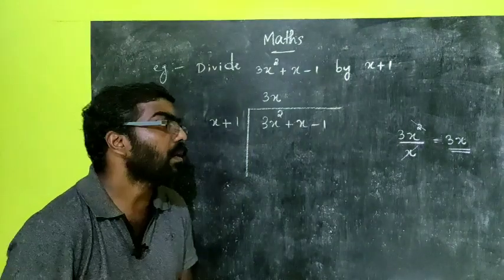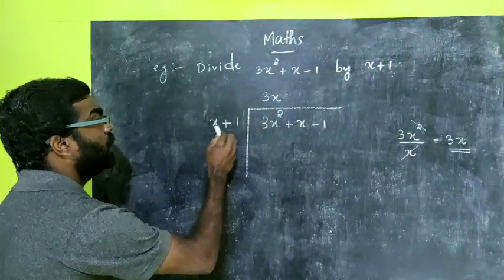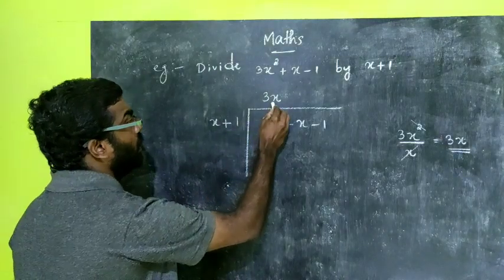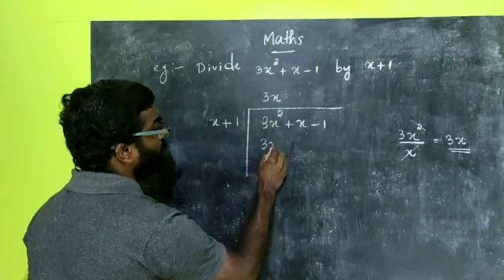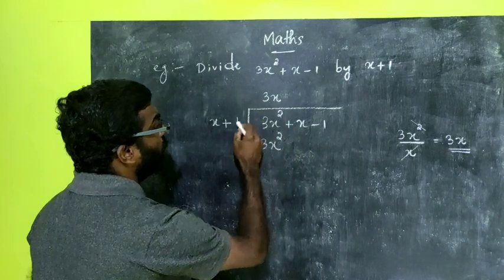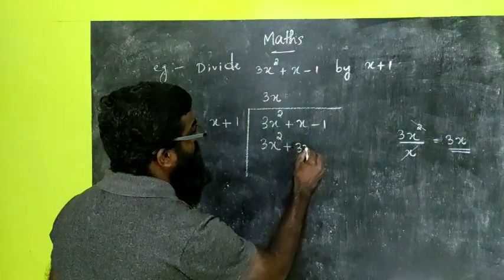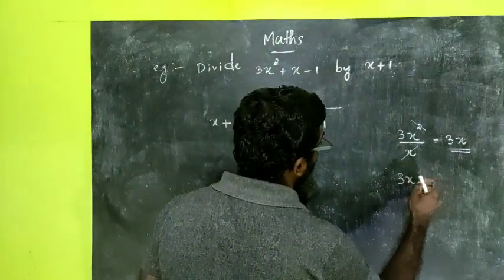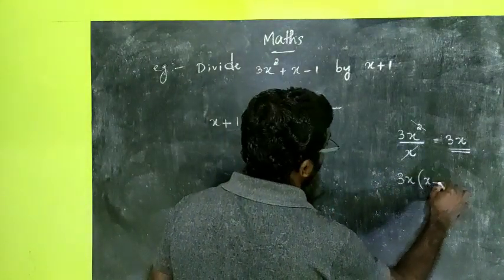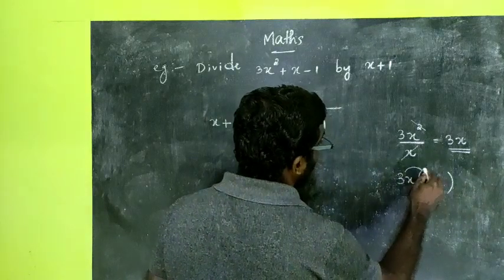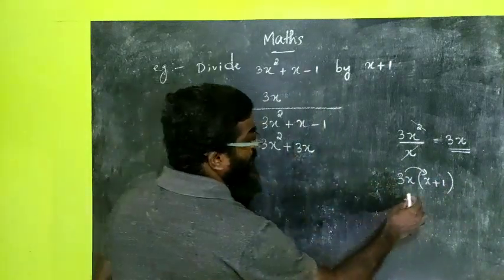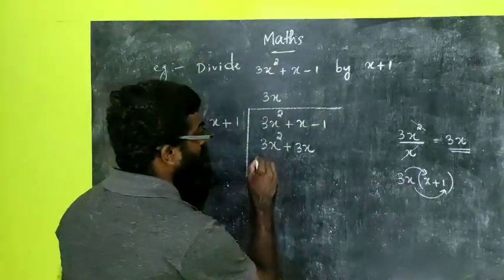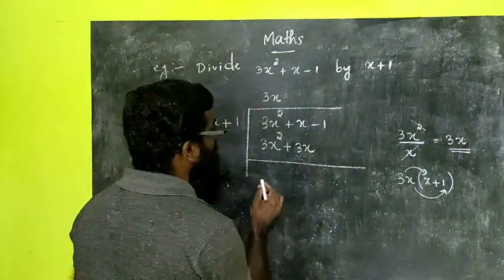The next thing is we have to multiply the quotient and the divisor, that is 3x into x plus 1. First 3x into x is 3x square, then 3x into 1 is 3x. Now we can subtract these two values.